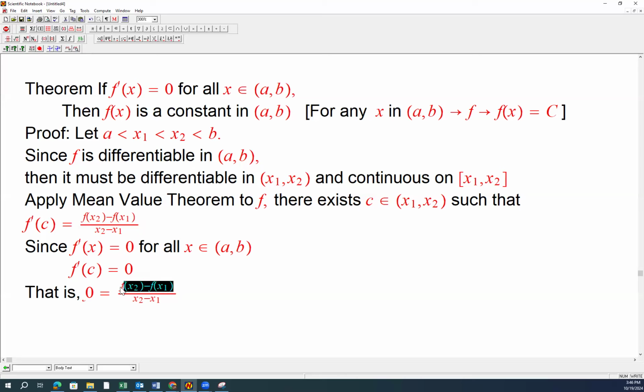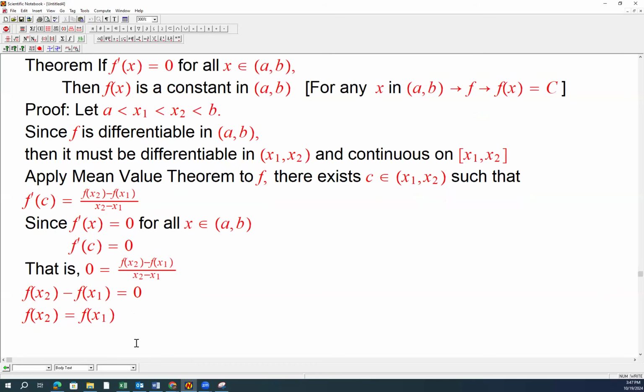So this will lead us to f of x2 minus f of x1 must be 0. And what does that mean? That means f of x2 and f of x1 are equal. And remember that x1 and x2 are chosen arbitrarily.